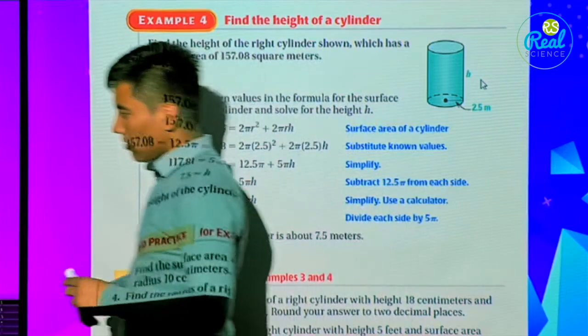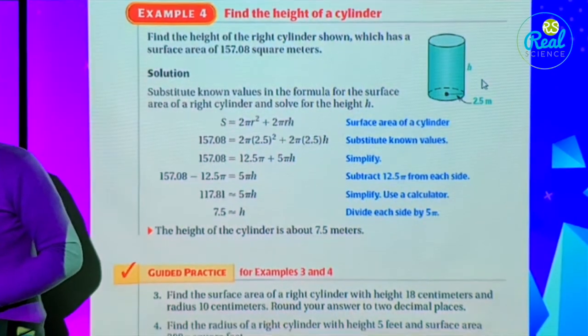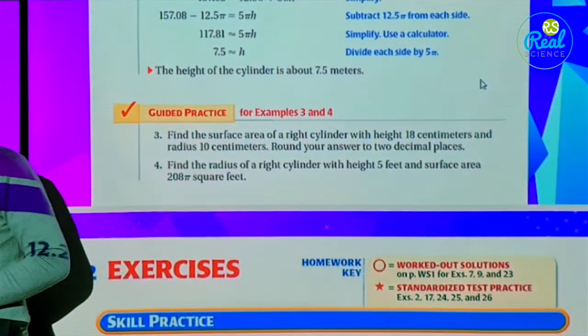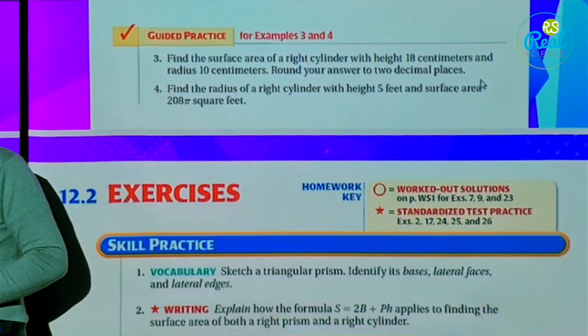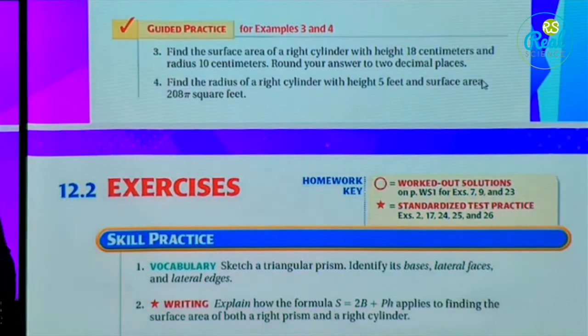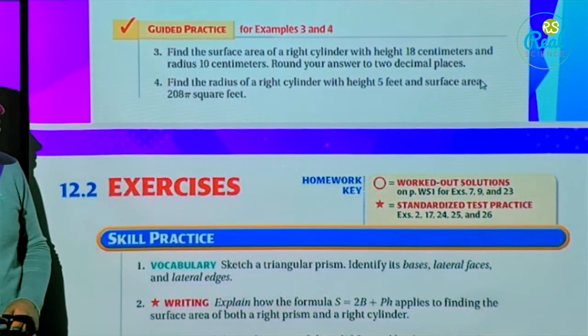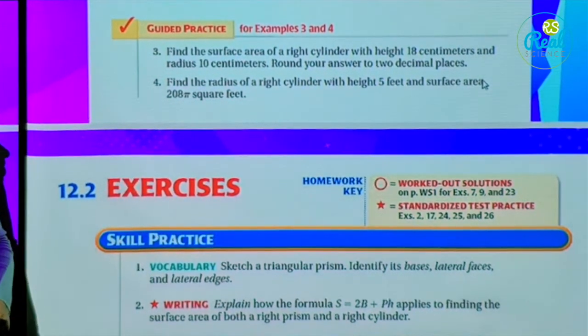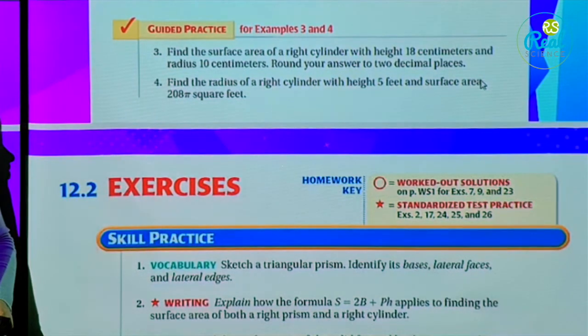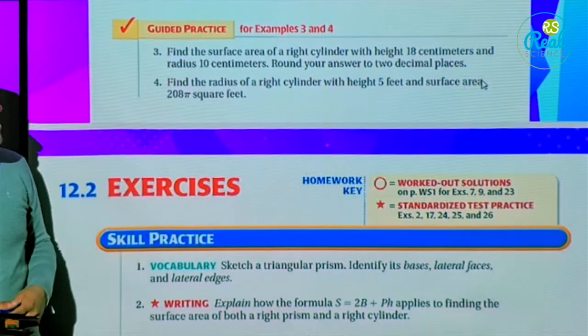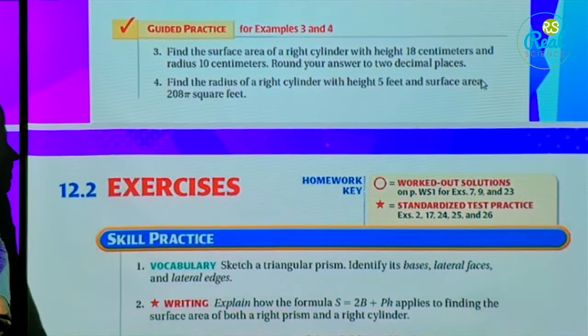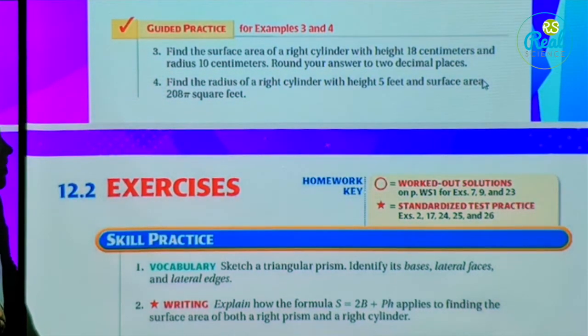So now we'll continue. Guided practice for examples 3 and 4. Find the surface area of the right cylinder with height 18 centimeters and radius 20 centimeters.